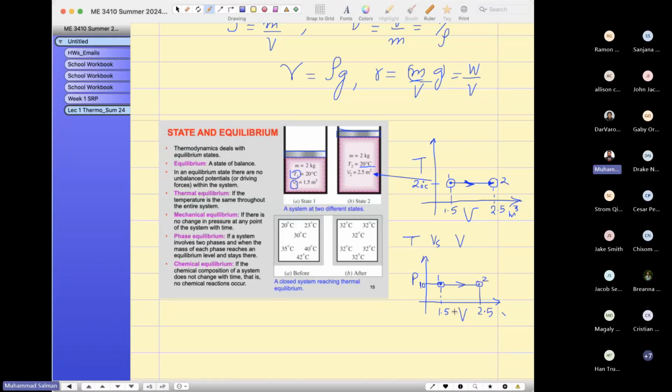So these are the state points. The state of a fluid is defined completely by two independent properties, like temperature and volume, or pressure and volume. And look over here, what is thermal equilibrium? Equilibrium is a point where there is a balance.